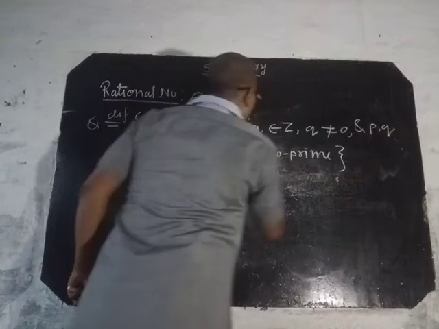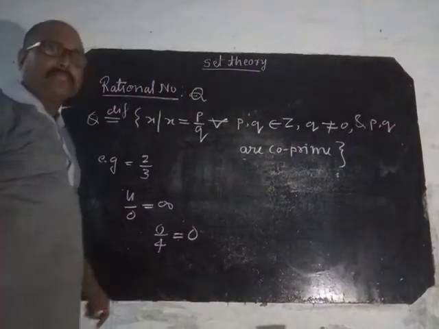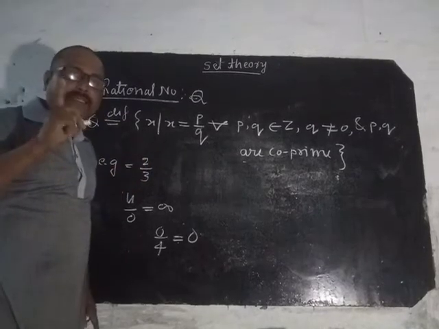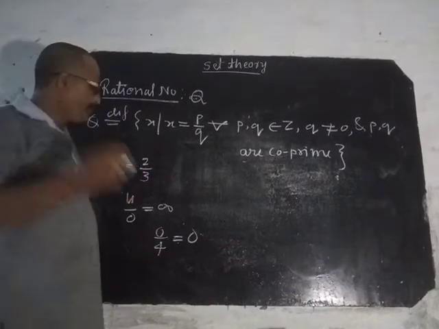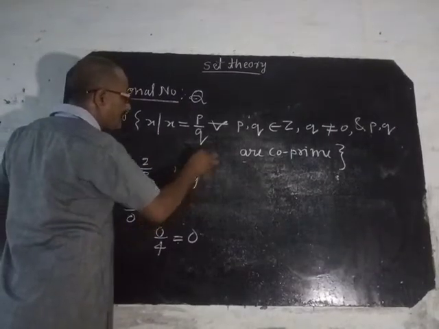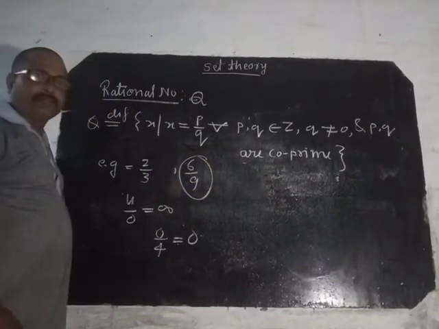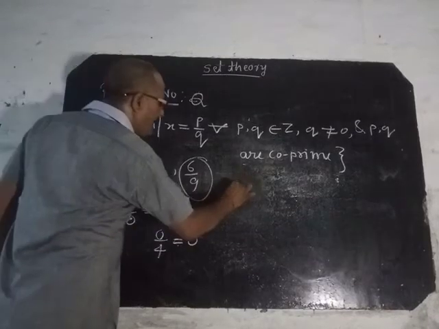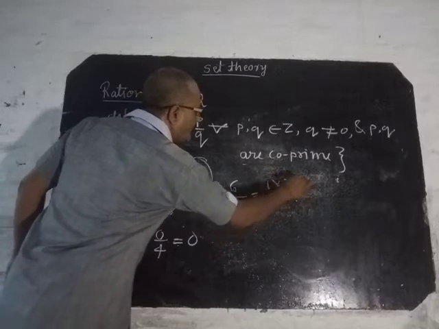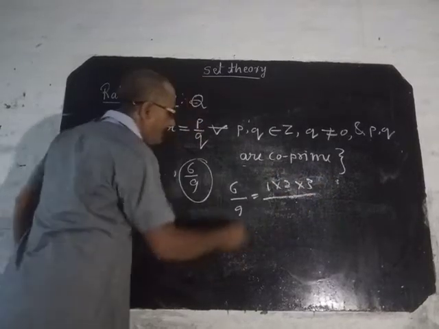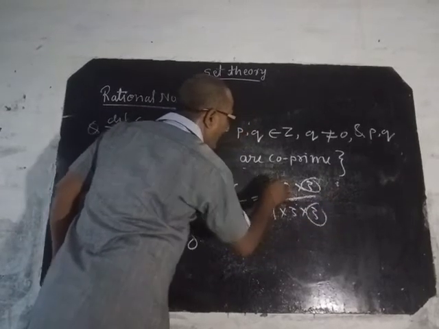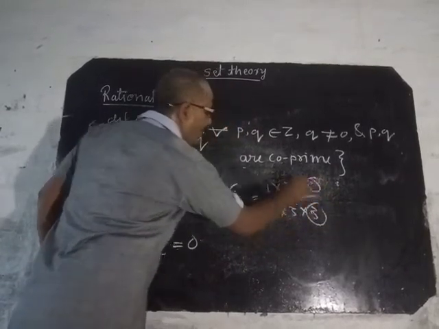Now, p and q are co-prime. Do you know the meaning of co-prime? It means two numbers having only 1 as a common factor. Suppose I am writing 6 by 9, this is not a rational number. Why? Because 6 is 1 into 2 into 3, and 9 is 1 into 3 into 3, so 3 is a common factor.